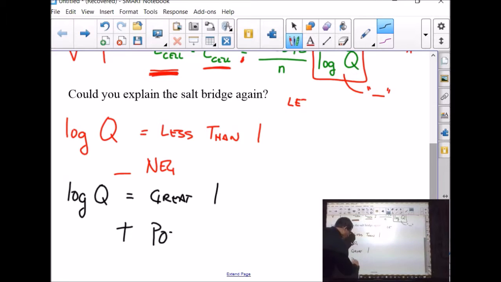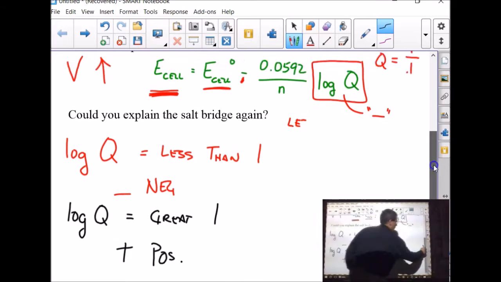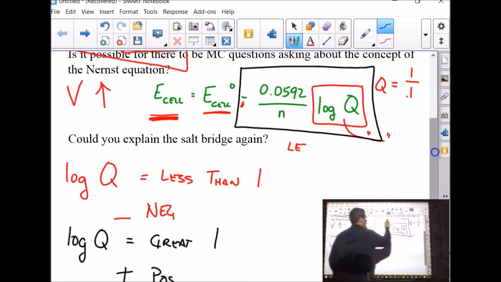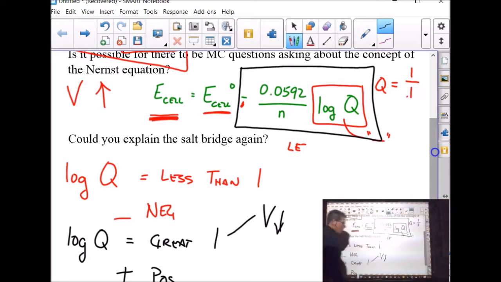So if I have a positive sign, what does that do to my overall equation here? Makes it more negative, or lowers the voltage. So in that case, if I have this situation, then the voltage will go down. That's the concept. Okay?